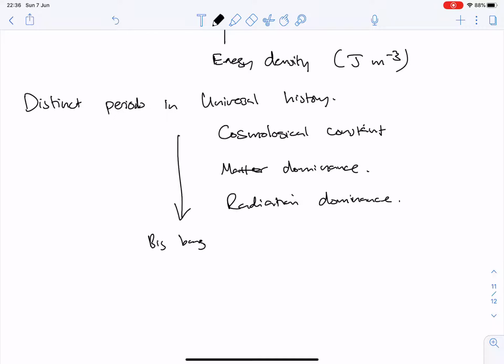But you can roll it back and just look, because you can scale things according to their relative densities, remembering that the total density at any given epoch is always going to be the critical density, not in physical joules per meter cubed again.